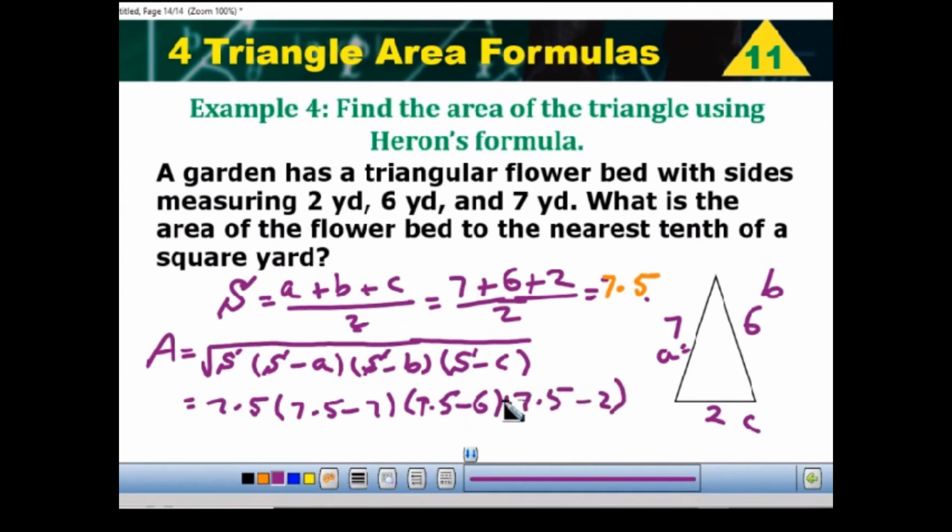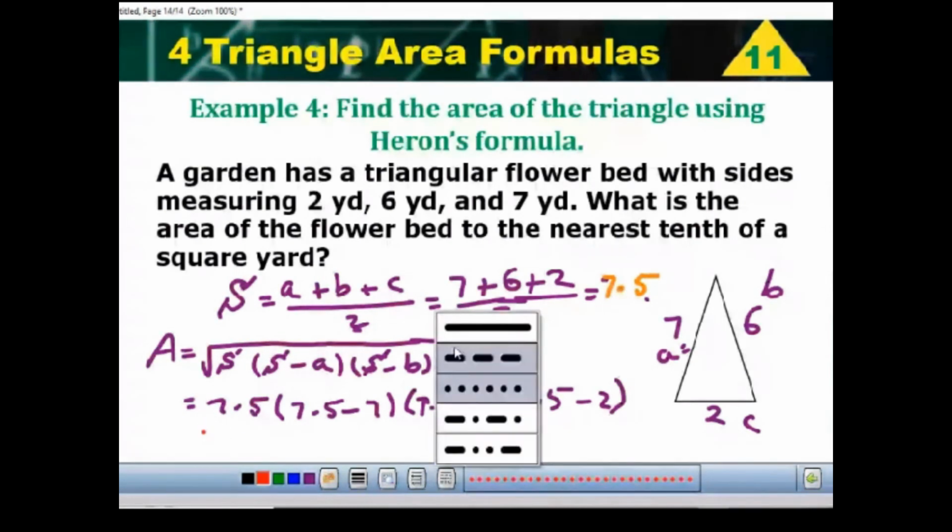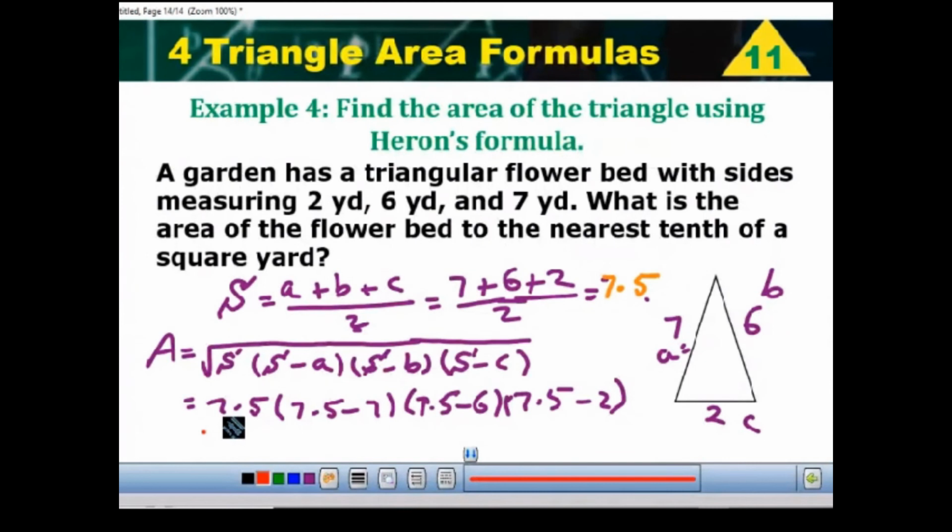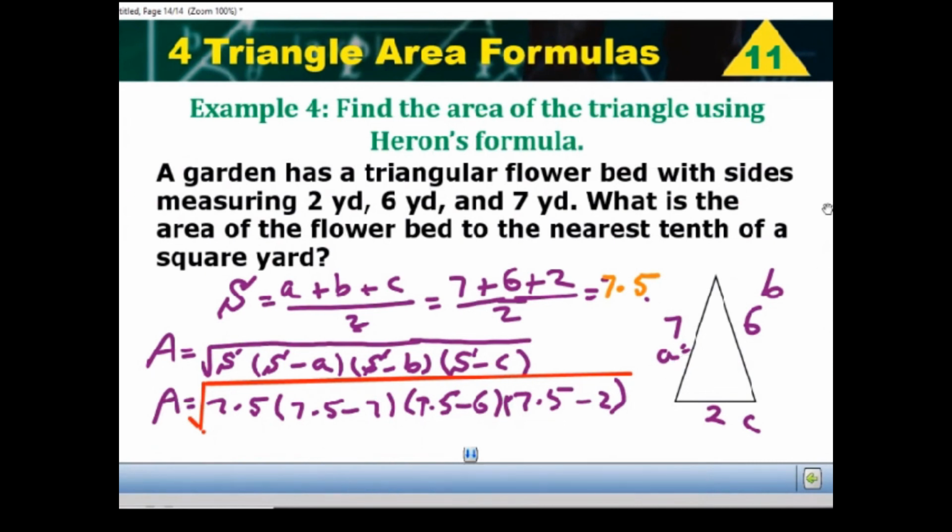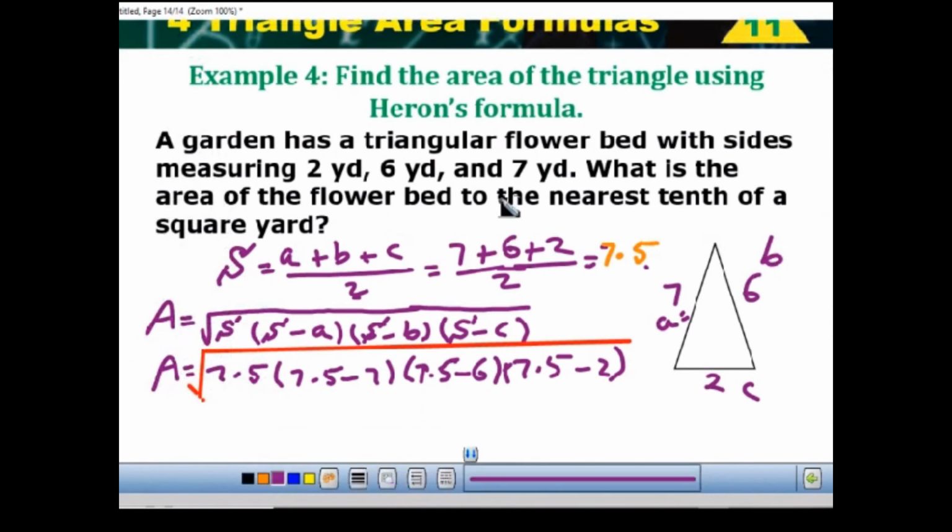Don't forget that. So you are under the square root, just like that. Okay, that's the area for this triangle. And obviously you probably need a calculator for this one. I put that into the calculator. And let's see what you guys come up with.